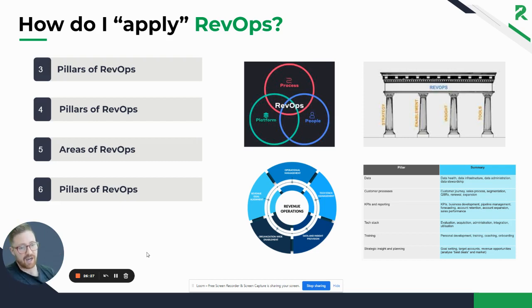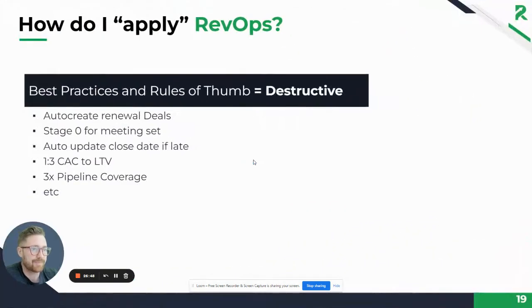Jocko is the godfather of revenue operations in my mind. He doesn't even know it. He is brilliant, and in many ways we stand on the shoulders of giants as we go through a framework that allows us to systematically begin to create a repeatable process for RevOps. So let's talk about that more.